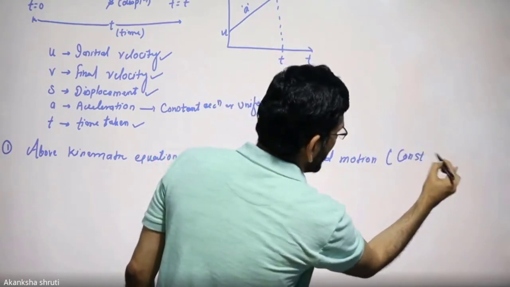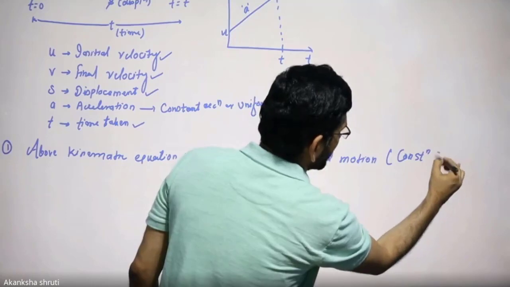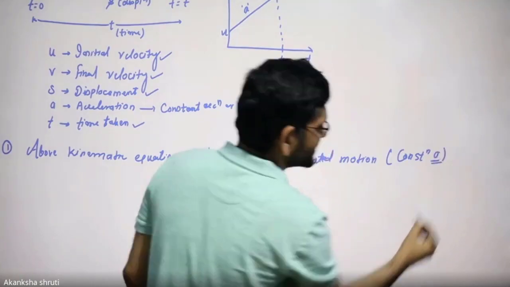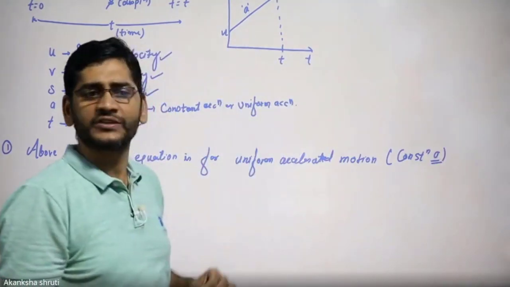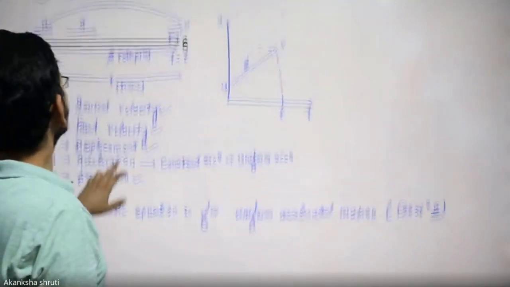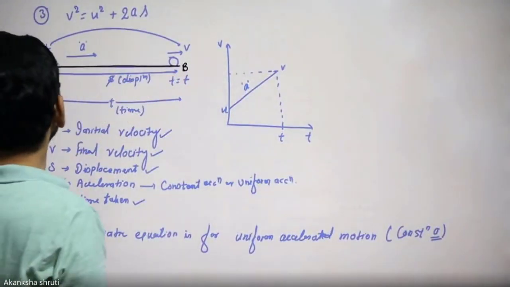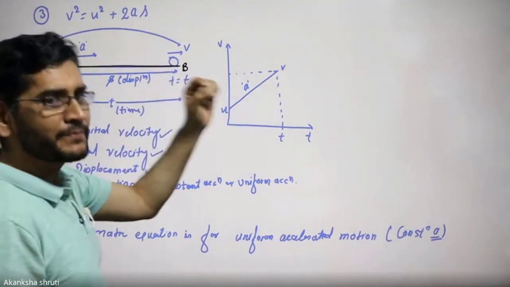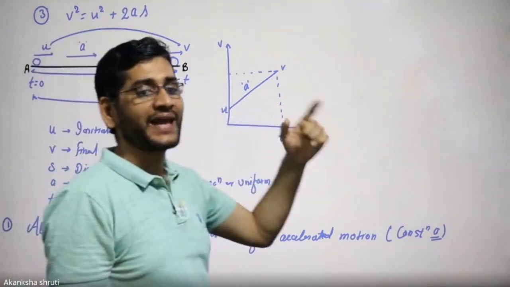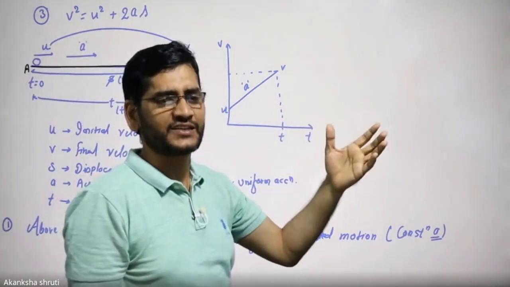Uniform acceleration simply means constant acceleration, meaning a will not depend on time; rather, the acceleration between A and B is always fixed. It will have a numerical value like 2 meters per second square or something.